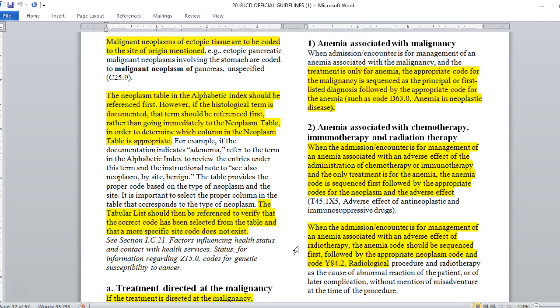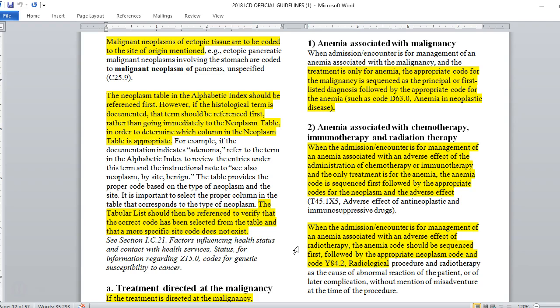For example, if the documentation indicates adenoma, refer to the term in the alphabetic index to review the entries underneath this term and the instructional note to, quote, see neoplasm by site benign. Okay, so the table provides the proper code based on the type of neoplasm and the site. So again, remember the direct anatomic site.